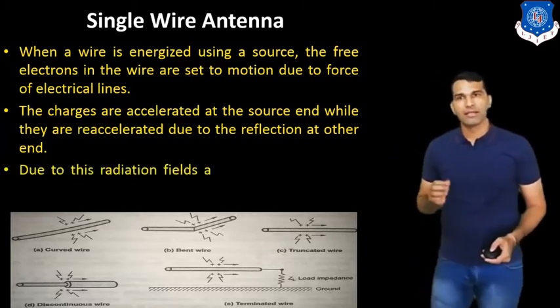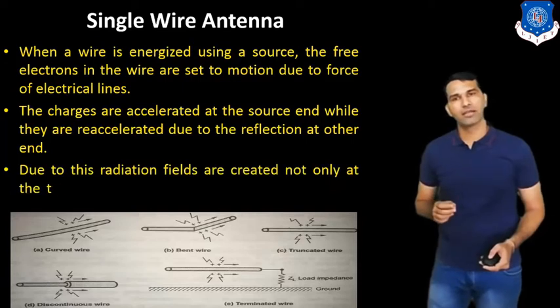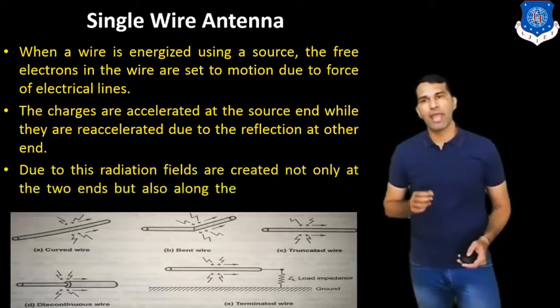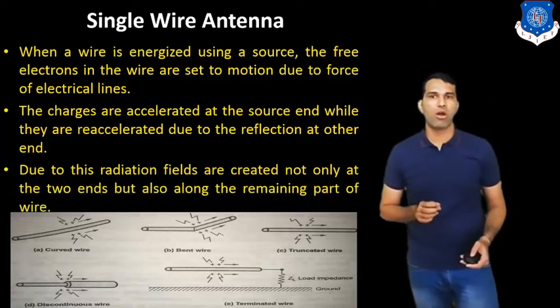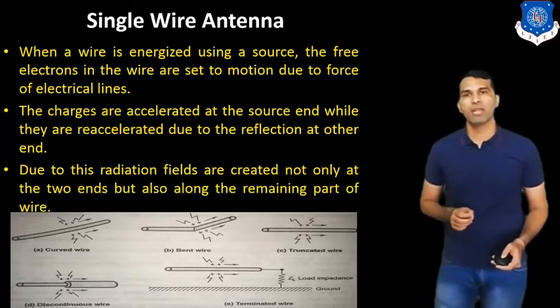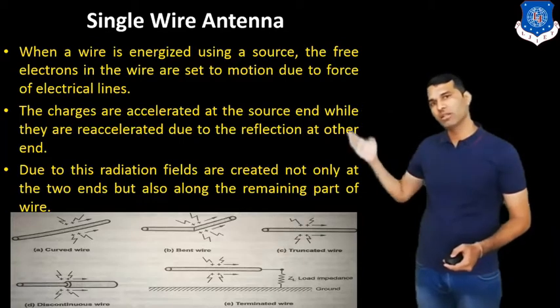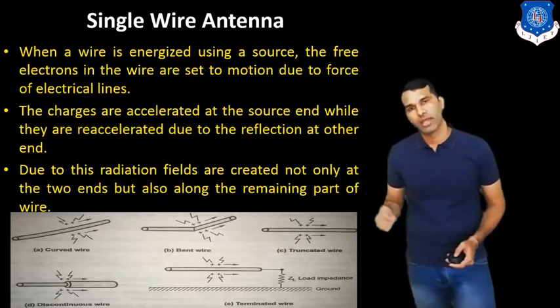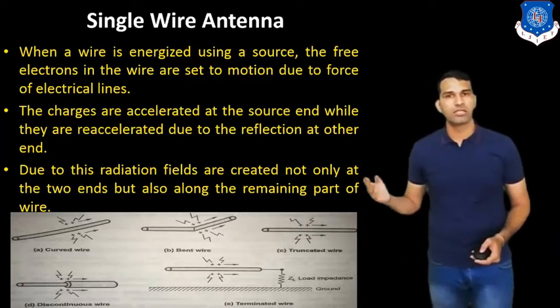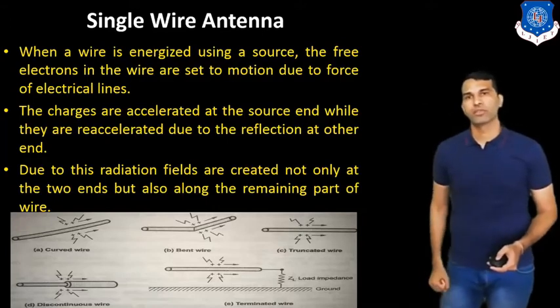Due to this, radiation fields are created not only at the two ends but also along the remaining part of the wire. So this is the mechanism of how radiation is produced inside the single wire antenna.